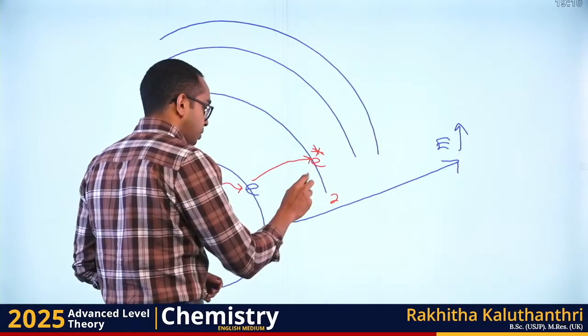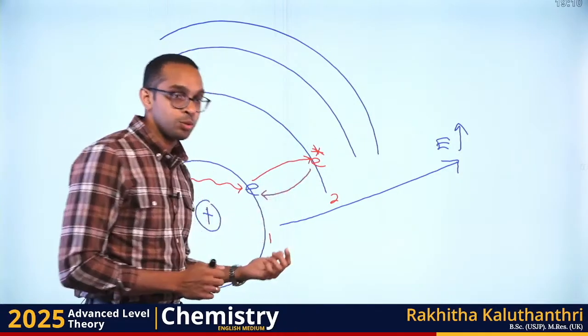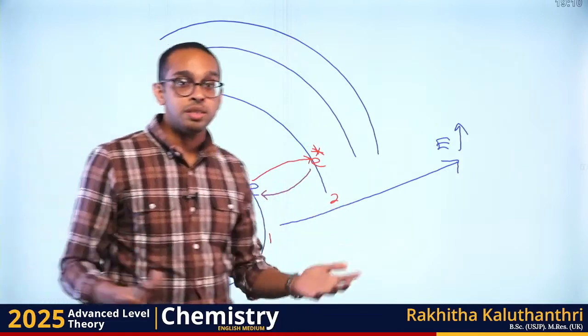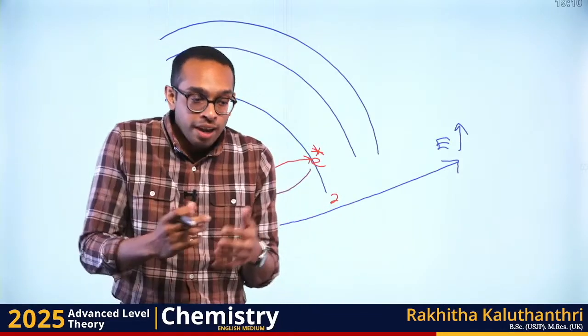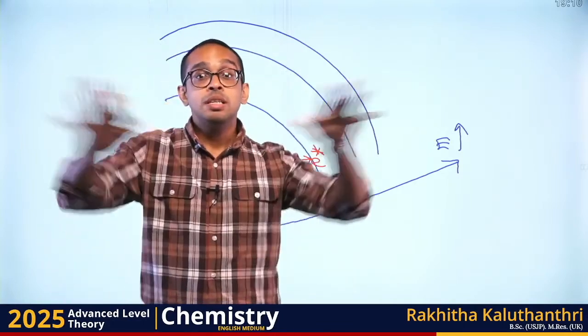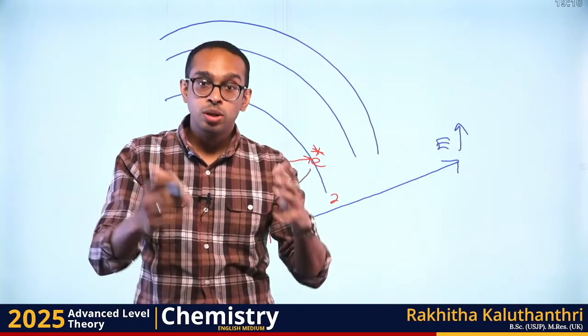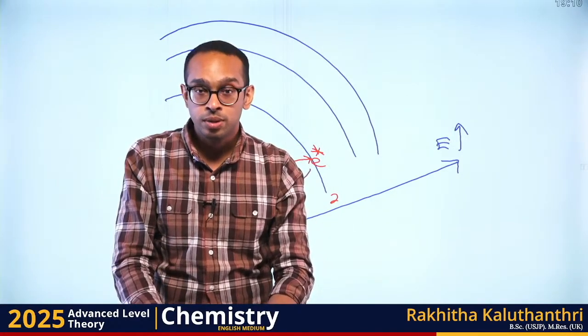When the electron returns to the ground state, the energy difference between these two energy values should be released, right? You can't carry that energy and return to the ground state. You have to release that energy and return to the ground state. If you release that energy only, you will be able to return to the ground state, right?